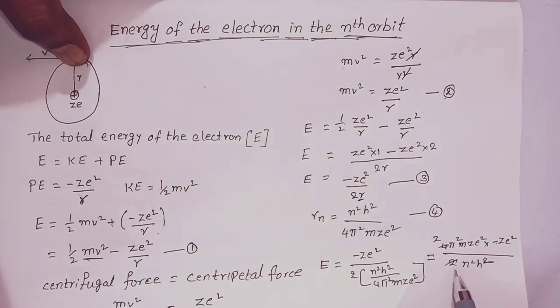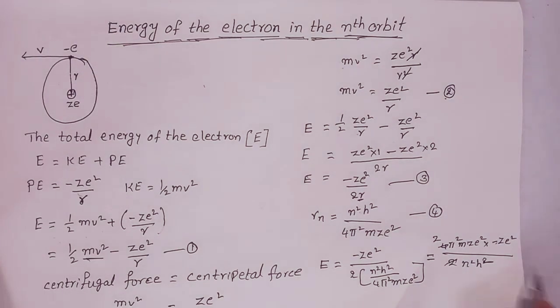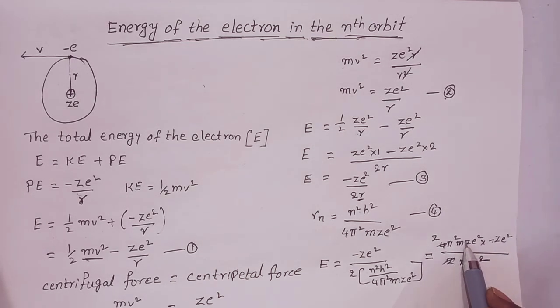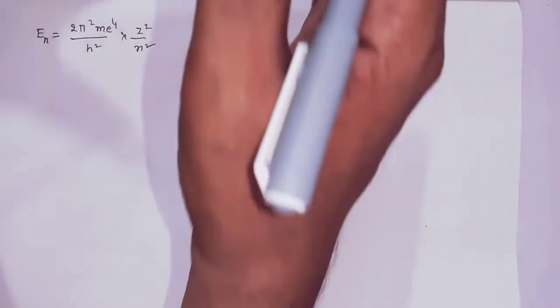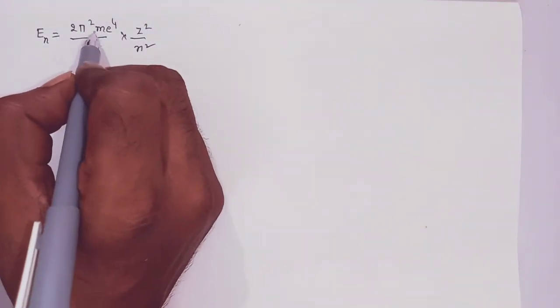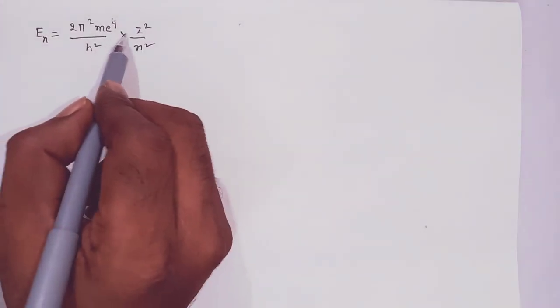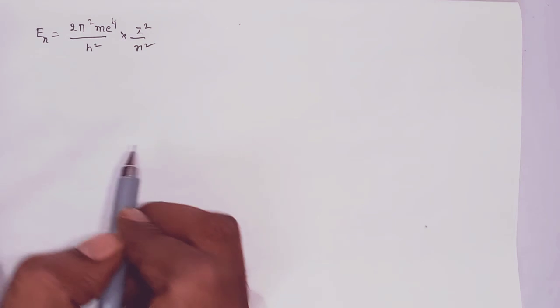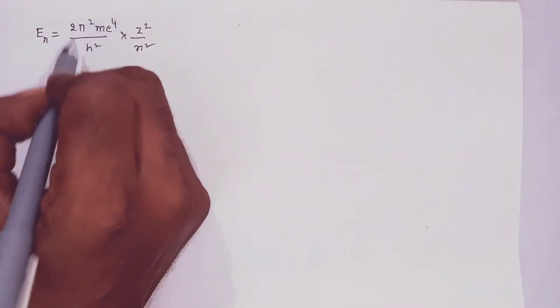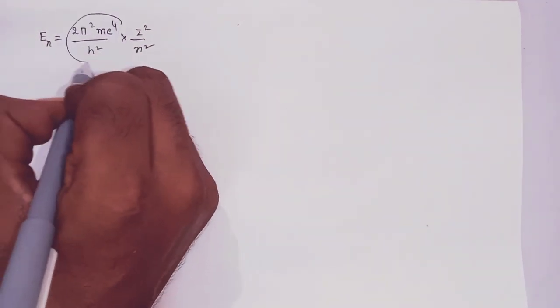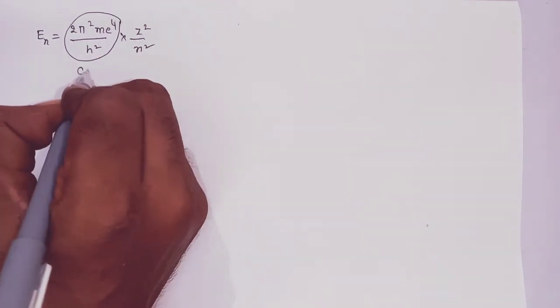Next here h square is there, here n square is there. So now what remains here? We will get that 2 pi square m z square e power 4. That one I written here. But I separated here z square, that side, remaining all written. Why? Because these all are constants.